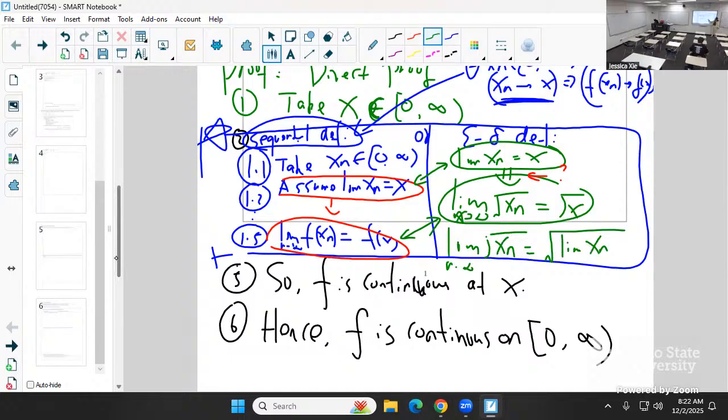Do we know the limit of the square root of x_n equals the square root of the limit of x_n? Here x_n is convergent, right? Is this true? That is something you can verify.